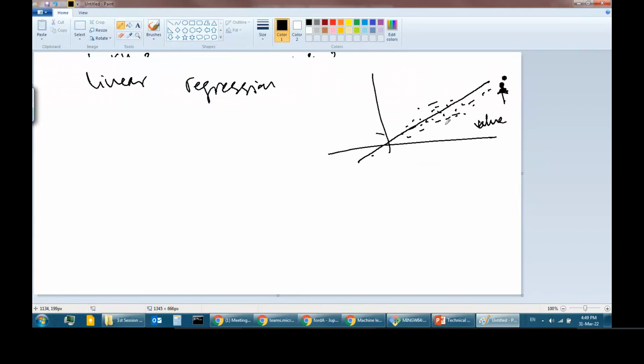So in this case, this line is now a model that models this distribution of your data. And then you want to predict, for example, any value from this axis, given this axis.